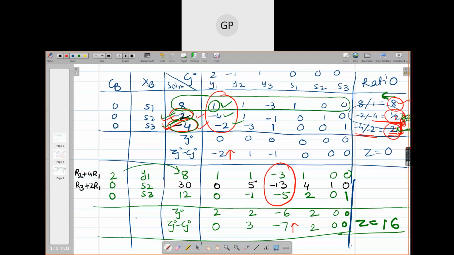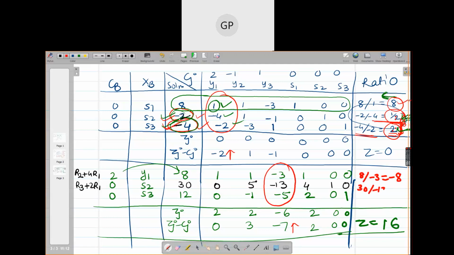So what do we say in this case? Do you remember this was a special case in simplex? All the elements in the pivot column are negative. So what happens? The ratios become negative, right?